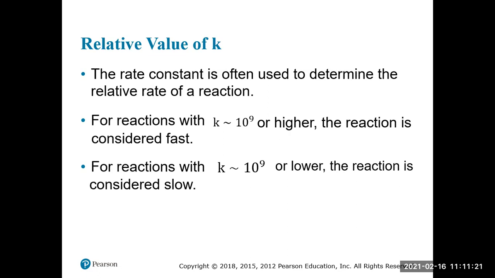Catalysts are a way to increase the rate of the reaction. So if you know you have a slow reaction up front, then you can start thinking about things you can do to speed it up. That's why it's nice to have some ballpark information about whether the reaction is fast or not.